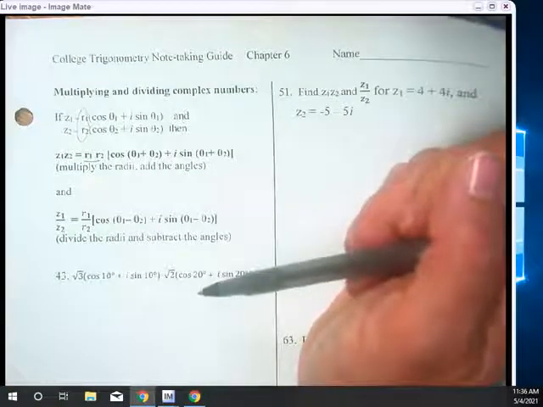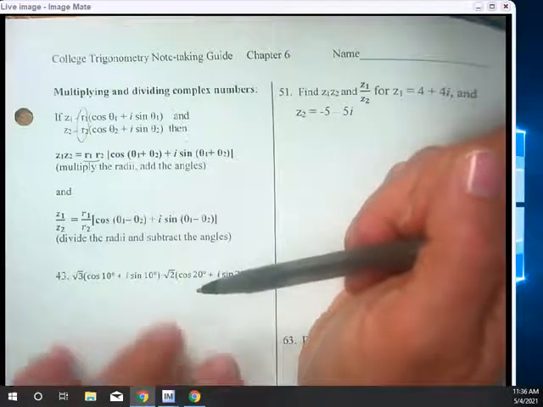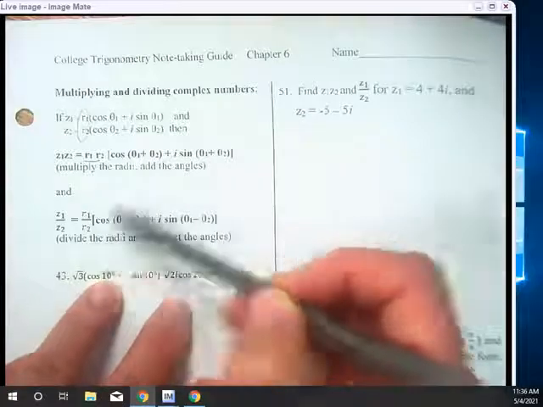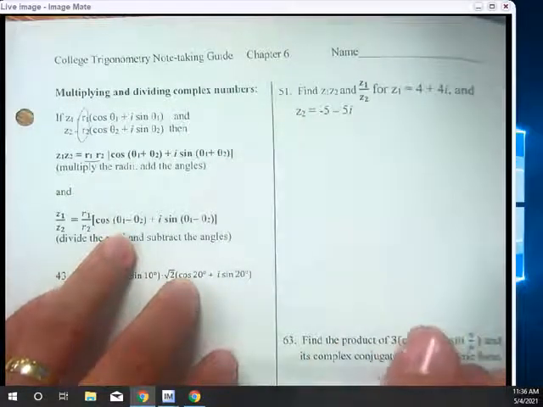You're multiplying your radii and you're adding your angles. When you're doing division, you're going to divide the radii and you're going to subtract your angles from each other.